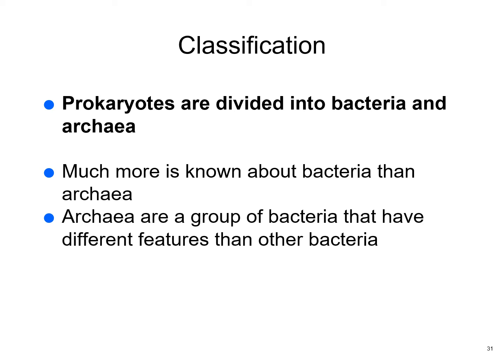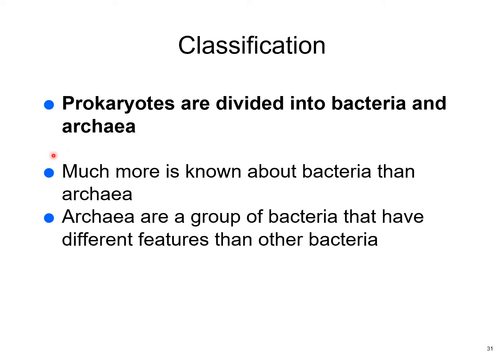We're going to talk about the classification of microorganisms. Prokaryotes are divided into bacteria and archaea, and they had to be separated out because there's such a chemical difference. The peptidoglycans that make up the bacterial cell wall have nothing to do with archaea.